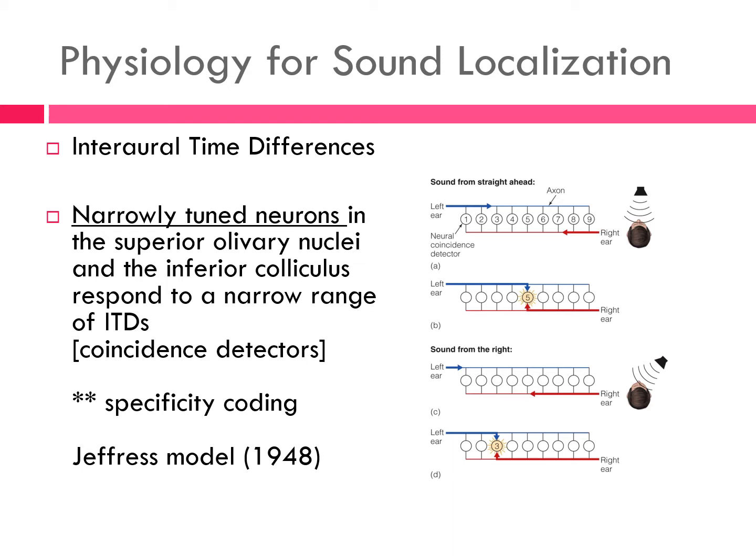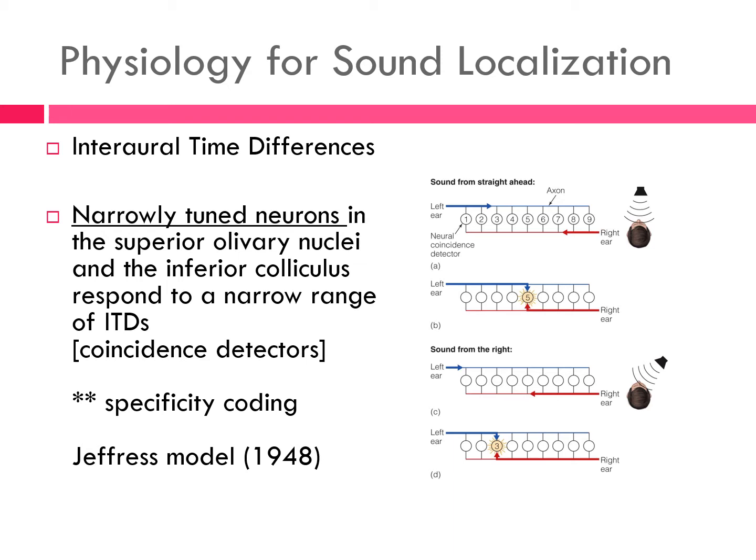And it's not until both the right ear neuron and the left ear neuron are responding that we see the postsynaptic neuron has its response. So it's narrowly tuned in that the center neuron, in this case 5, is going to respond to something that's right in front of us.